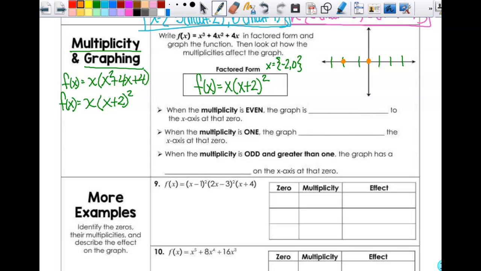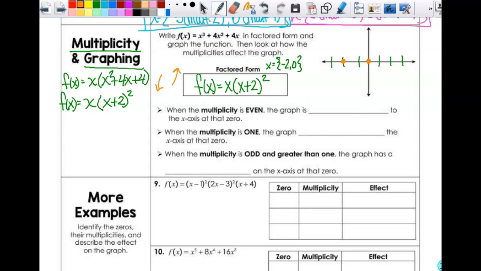What would the end behavior, let me get somebody to answer that for me. I want to know what the end behavior would look like from Brenda. What would the end behavior look like? Down, up? Do y'all agree with that? Yes? It's third degree, so down, up. Very good. Thank you, Brenda.